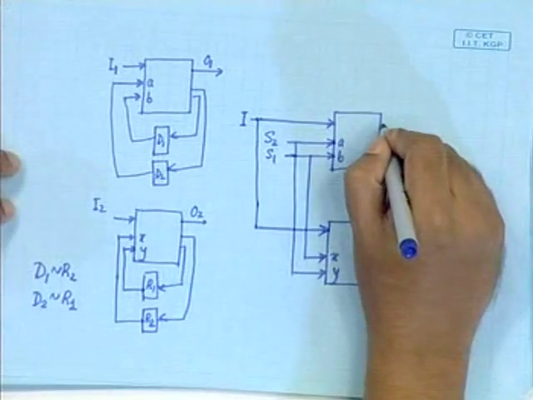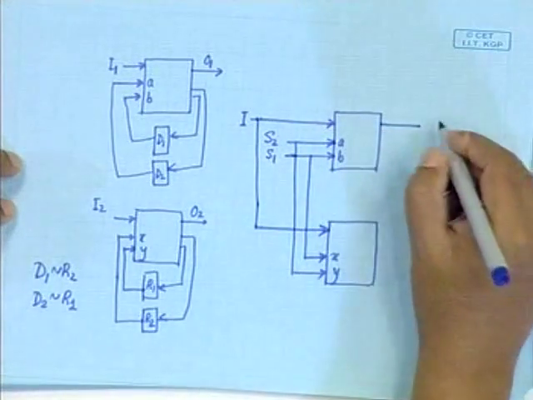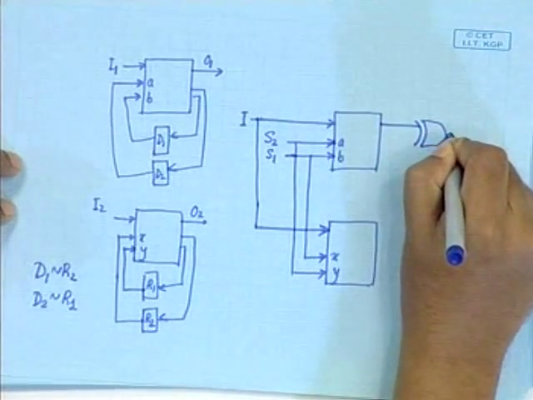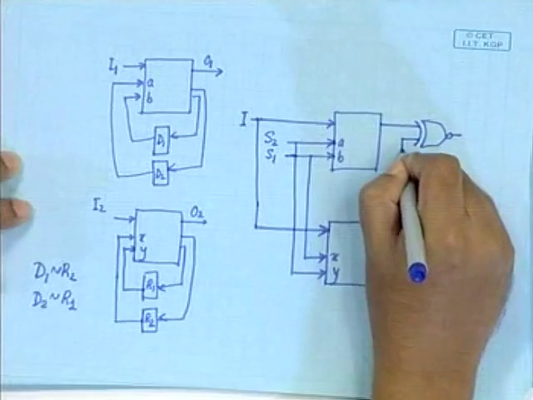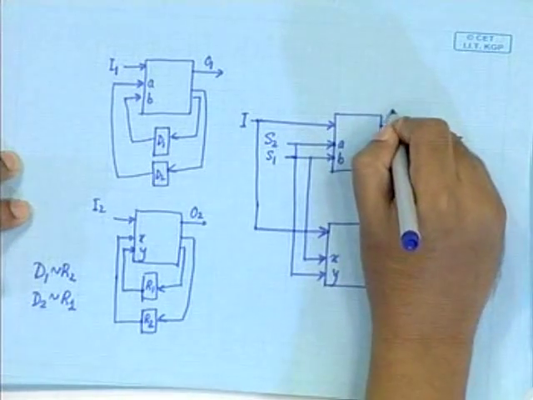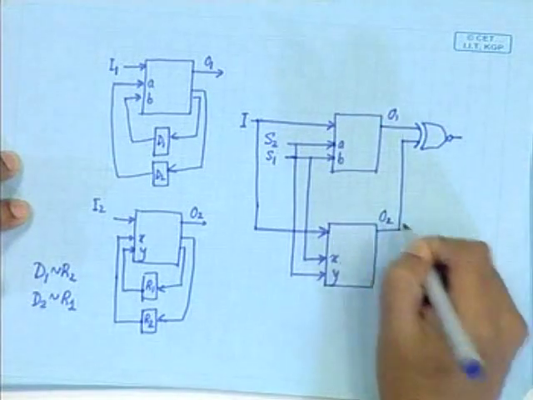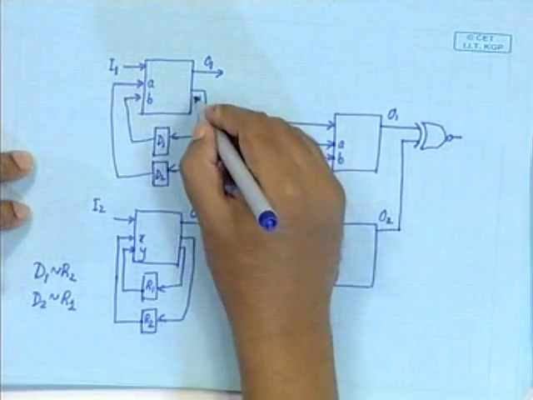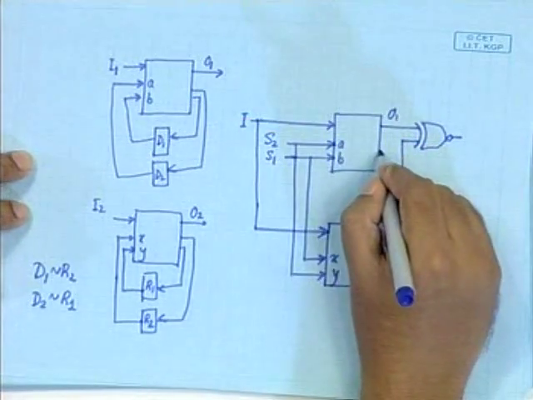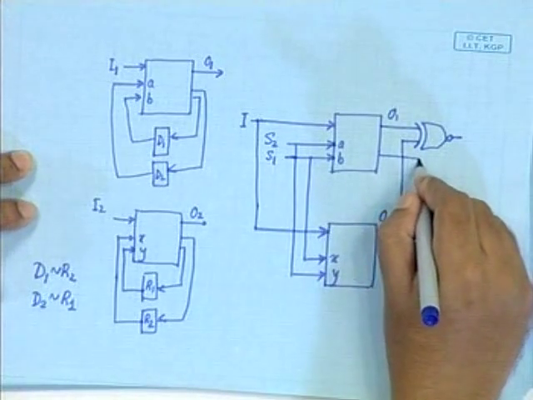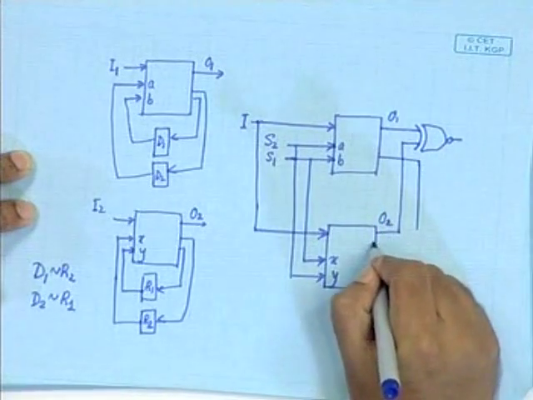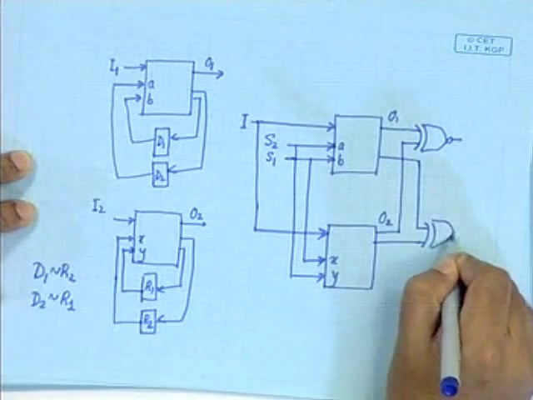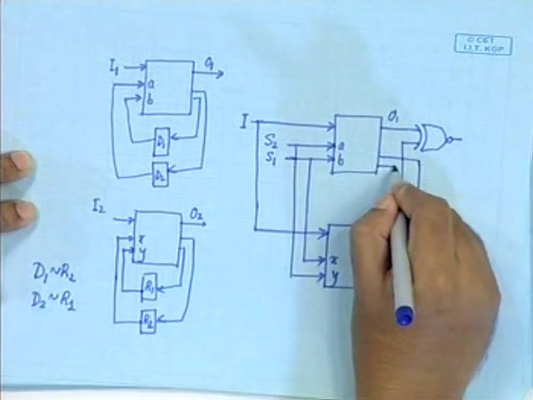Now there are two things that we need to compare. One is the output functions, O1 and O2. The other thing that we need to compare is the state outputs, this and the other one.